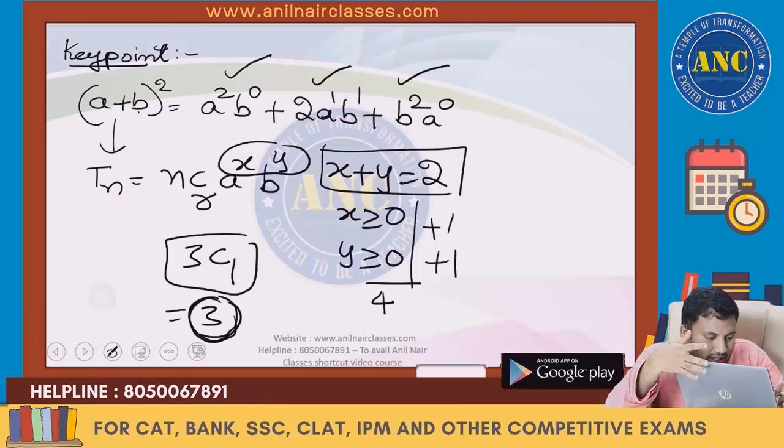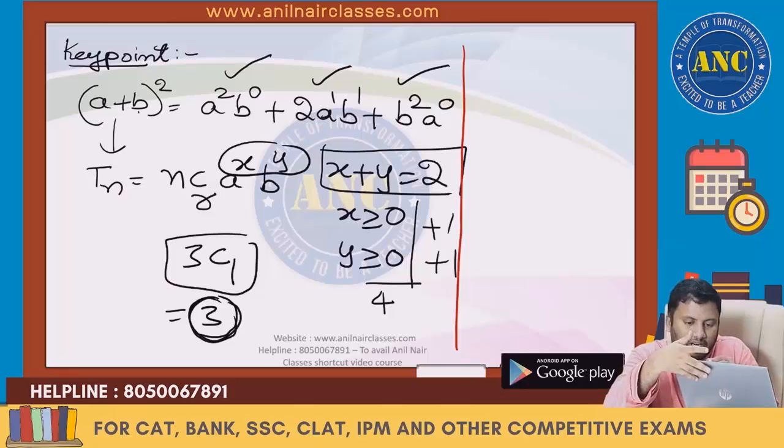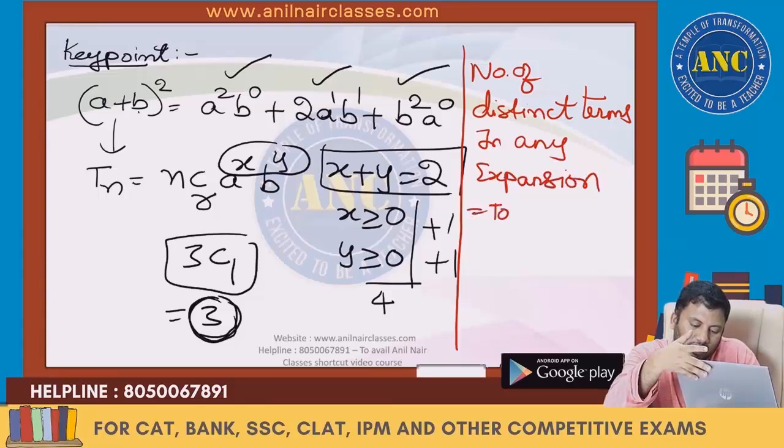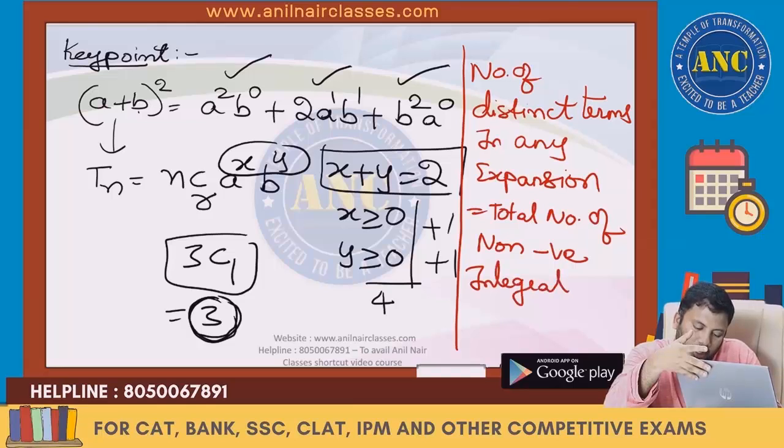Now please write down this key point. The number of distinct terms in any expansion is nothing but the total number of non-negative integral solutions for the powers of the variables.